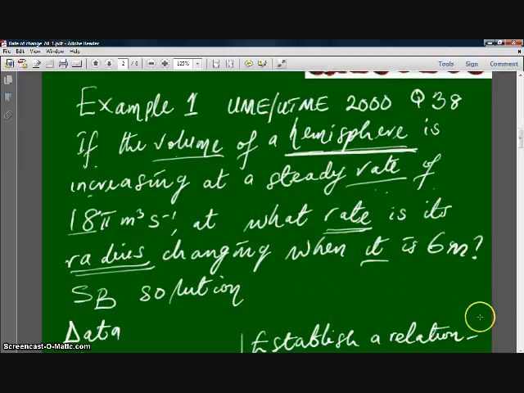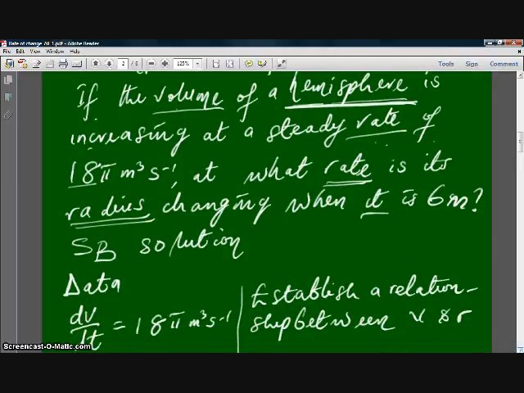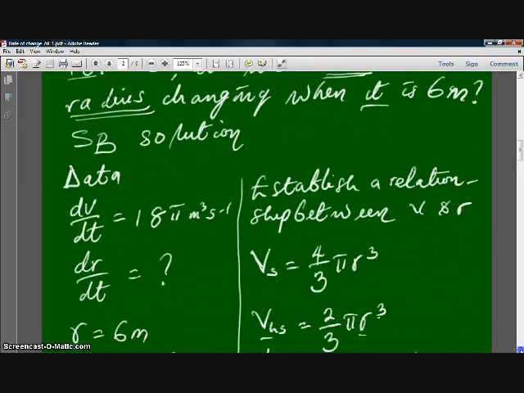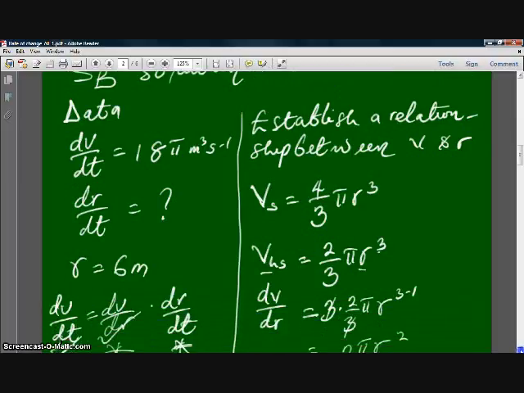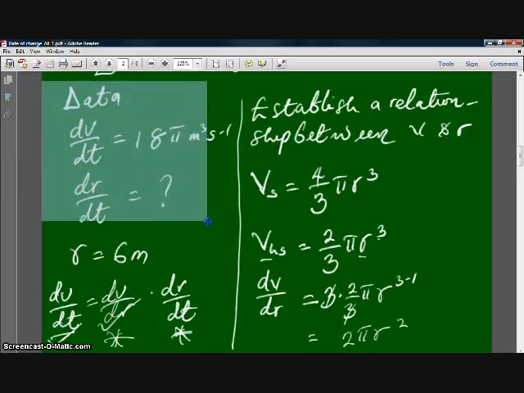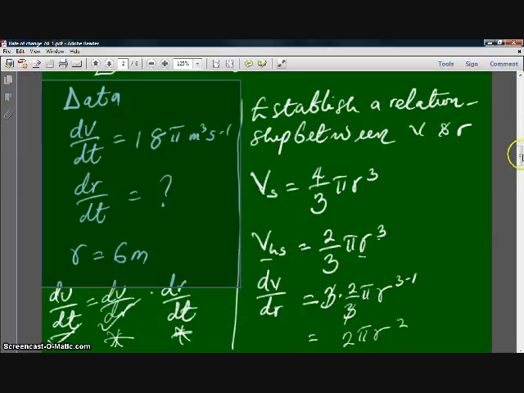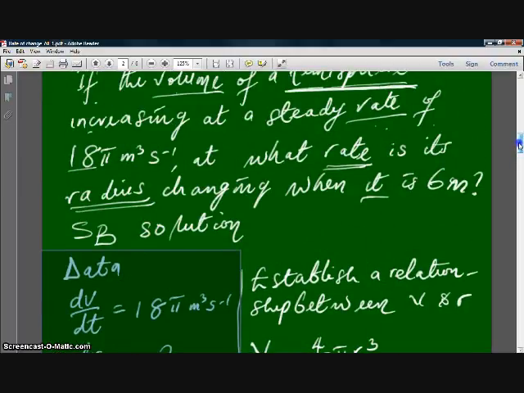The first thing that I always advise students to do here is to first of all bring out the data that you have in the question. Let's go back to the question and see.